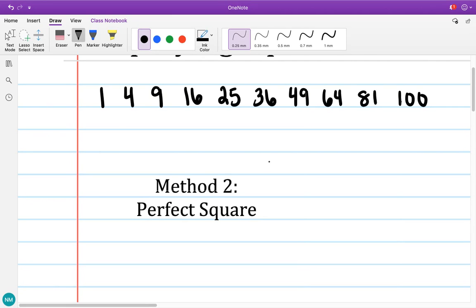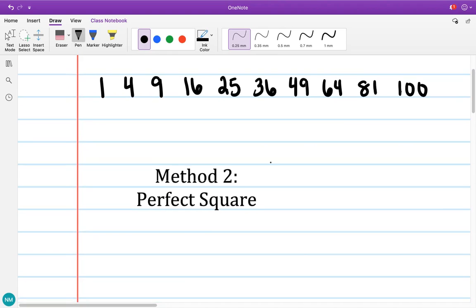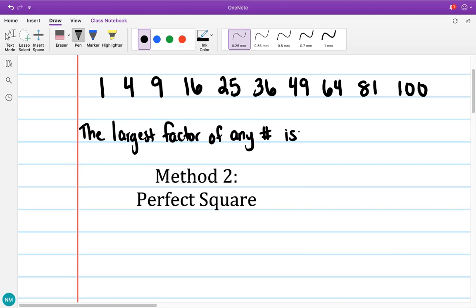Also, what is important to know is that the biggest, I'm going to write this, the biggest or the largest factor of any number is half of that number.